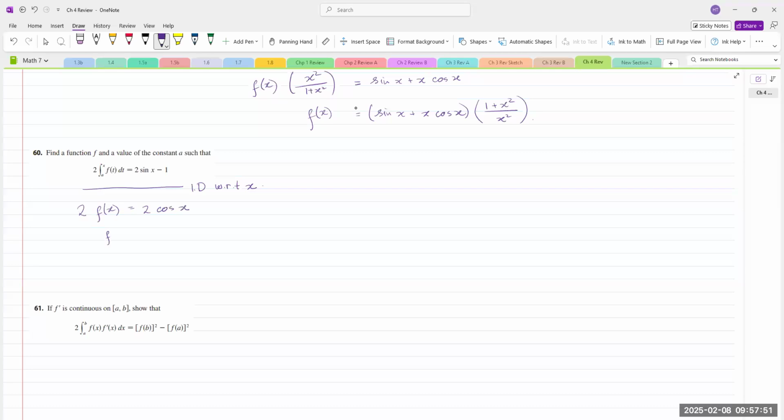So f(x) equals cosine x. Okay, now let's try that. So coming back here, 2 times the integral from a to x of cosine x dx equals 2 sine x minus 1.